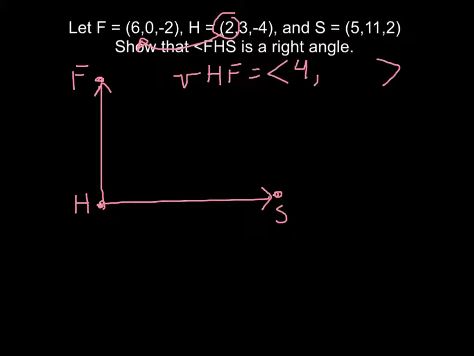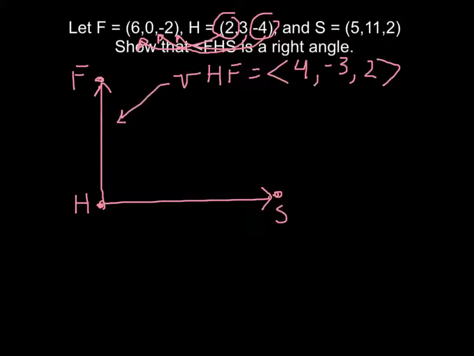What would my y component be? Negative 3. Be careful because you're going from 3 to 0, so it should be a negative 3. And then from negative 4 to negative 2. 2. So that is our vector HF.